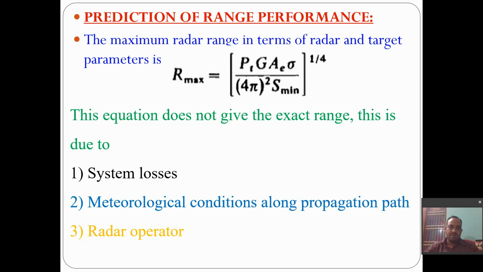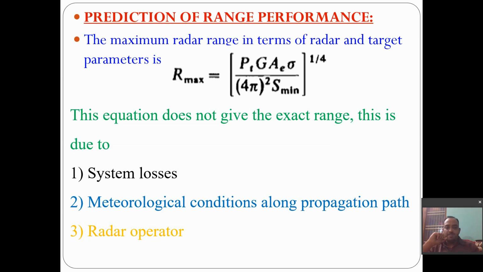Definitely, every system heats up. When a system heats up, the reverse saturation currents of all the transistors will vary. Then the design parameters may alter. These are called system losses. Systems will not be stable at all times, which will affect the performance of the system.